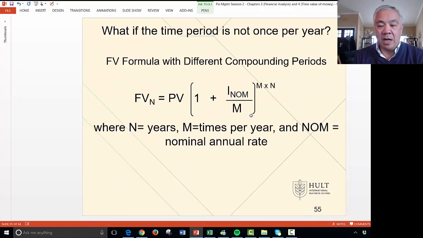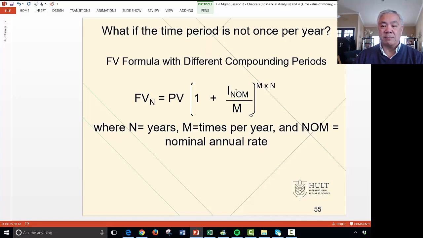All right, a couple of other comments, then we'll wrap it up. What if the time period isn't once per year? There's a variation or a refinement of the FV formula, future value formula, and it goes like this. It equals PV times 1 plus the interest rate, but in this case, it's the nominal interest rate divided by the number of times a year, right?